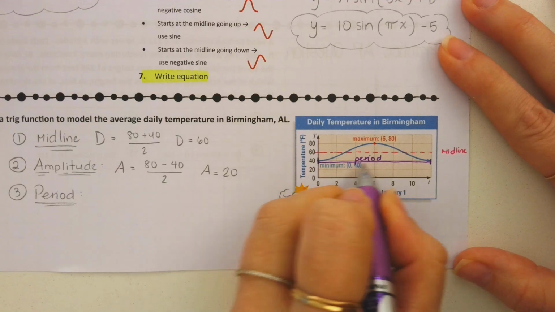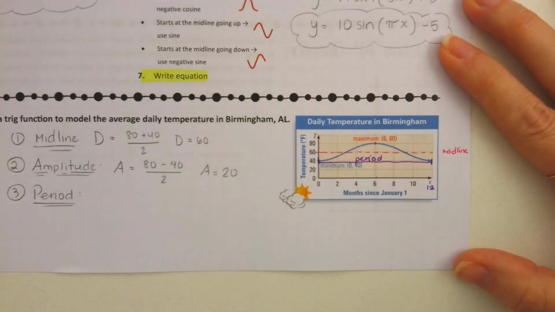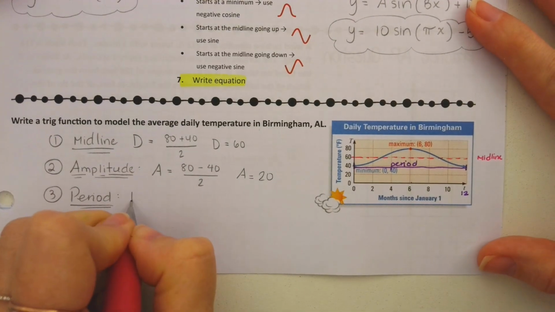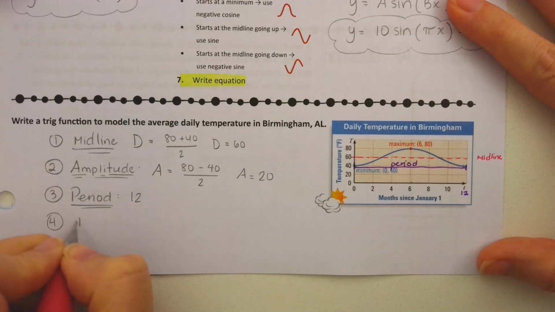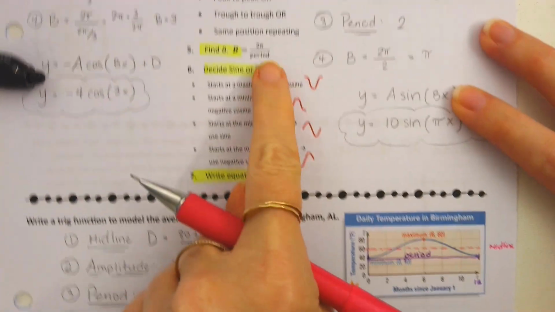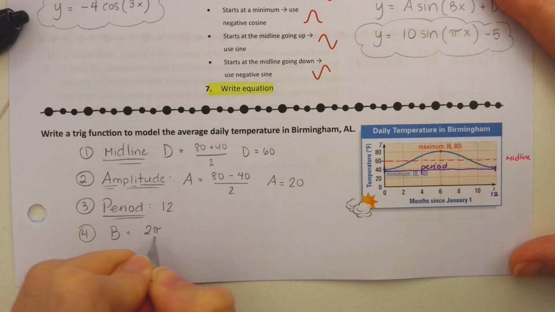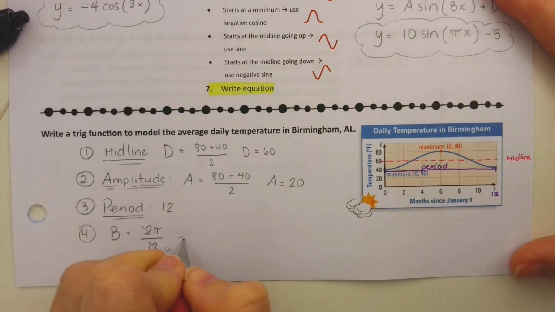If you look at what that x distance is, that would be over here at 12. So our period is 12 on this one. And then once we have the period, we can use it to find b. B, remember, is just 2 pi divided by your period. So that would be 2 pi divided by 12, which you could reduce and get pi over 6.